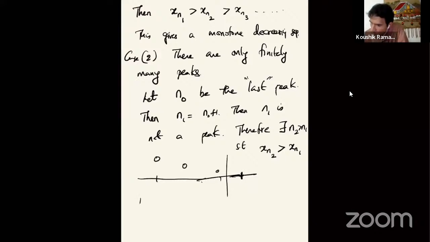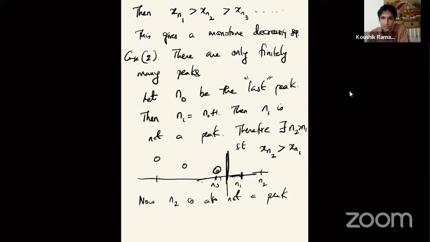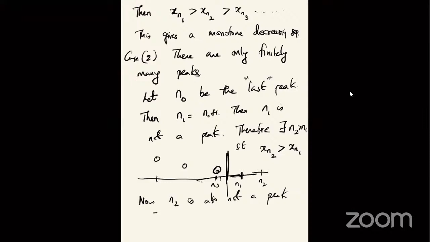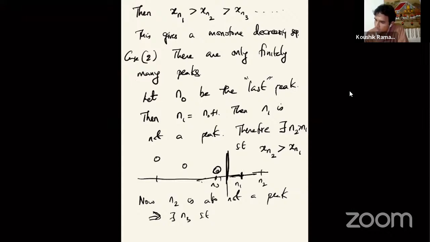Now n2 is also not a peak. Why? We have chosen n naught as the last of the peaks, so after it there are no more peaks. n2 is bigger than n1, so n2 is also not a peak. Therefore, there exists n3 bigger than n2 such that xn3 is bigger than xn2.